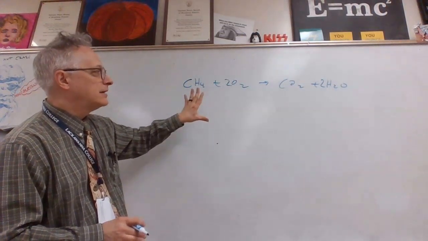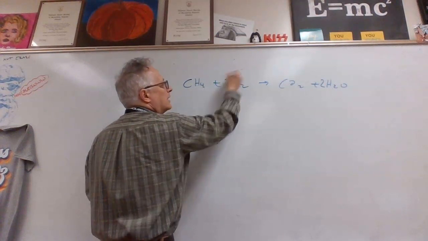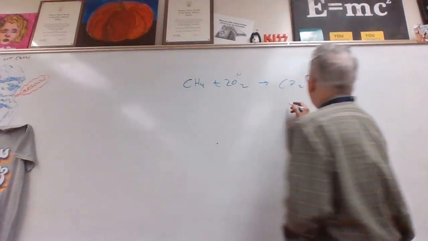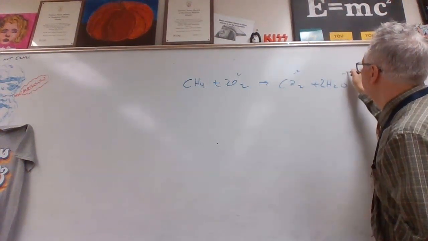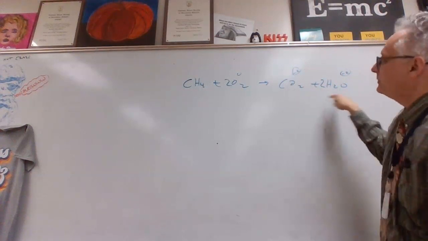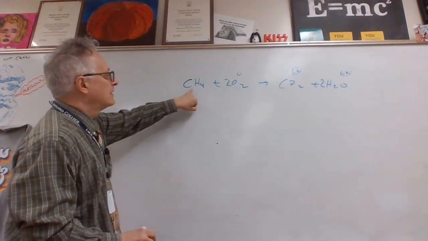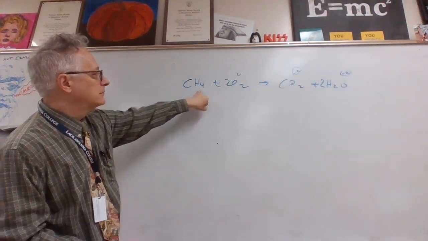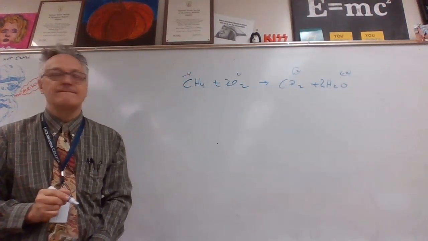Now, let's identify the oxidation numbers in all of the different chemical compounds. Well, this is 0. That's an element in its standard state. And over here, each one's going to be a -2, and each one's going to be a -2 on that side, because now they're part of chemical compounds. In this case, each one of these hydrogens is a +1, so this has to be a -4 oxidation state on the carbon.